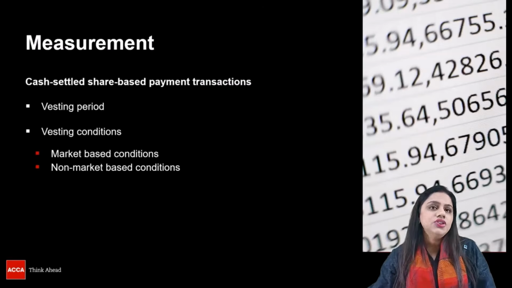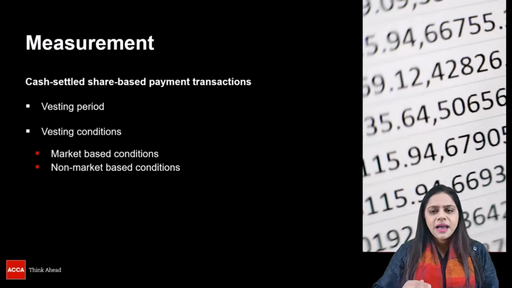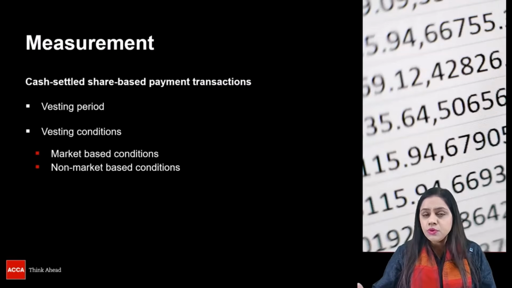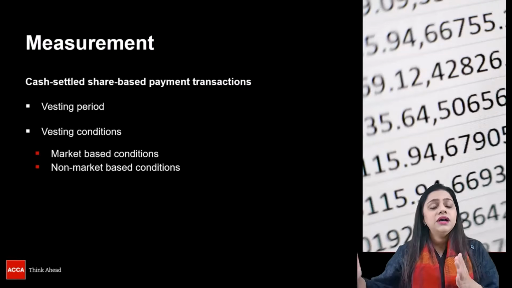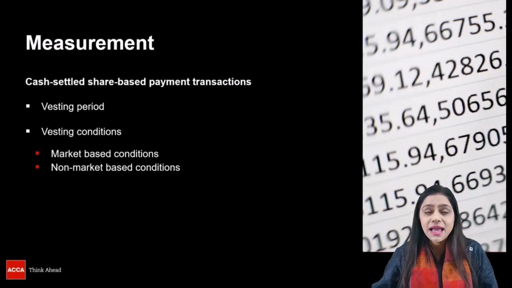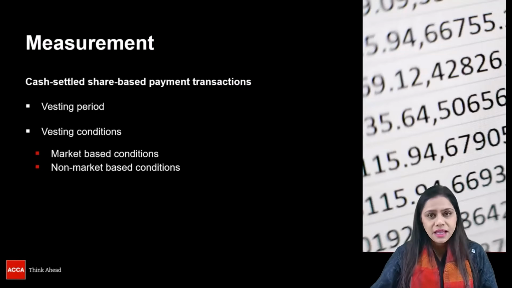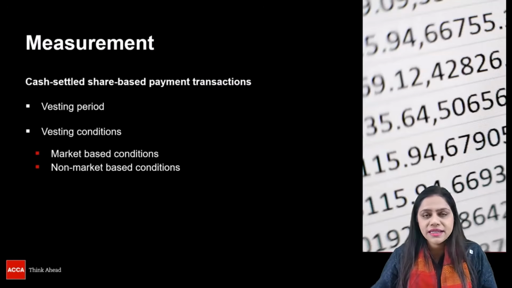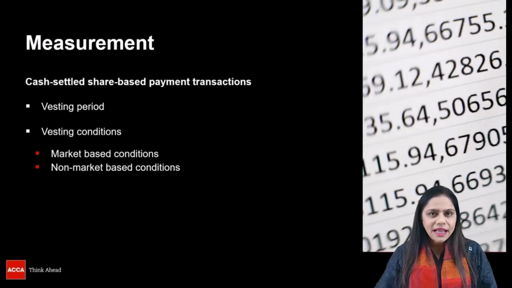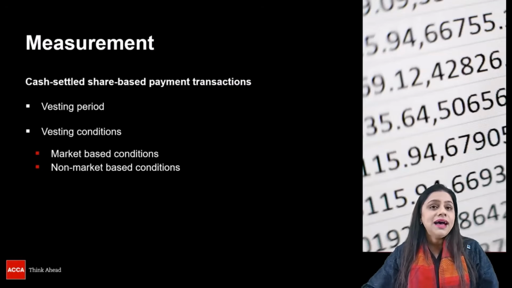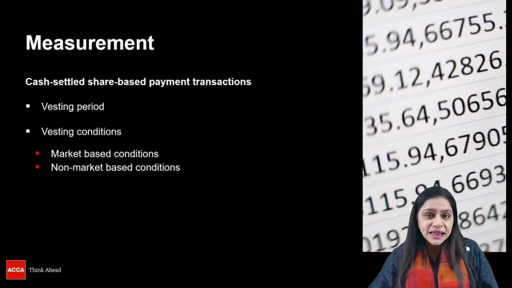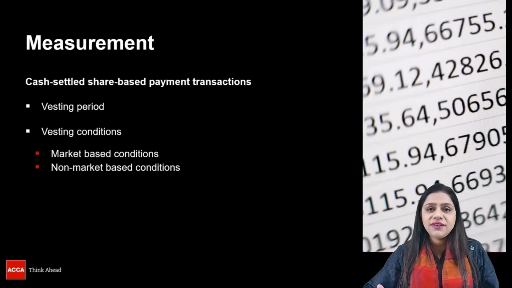The word is grant date. And then I'm making a condition that an employee needs to stay with me in my business for 3 years, and then he or she is going to get the share options or the share appreciation rights or any kind of equity instrument.